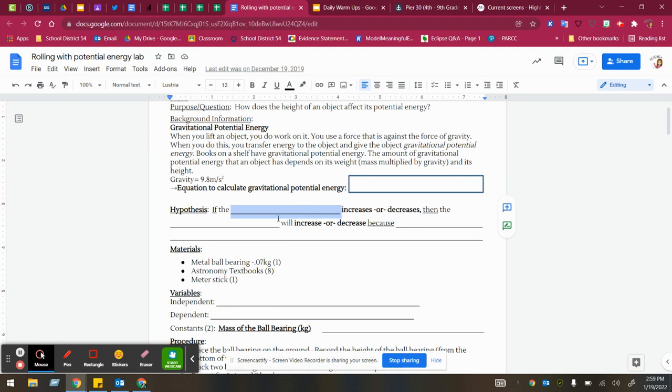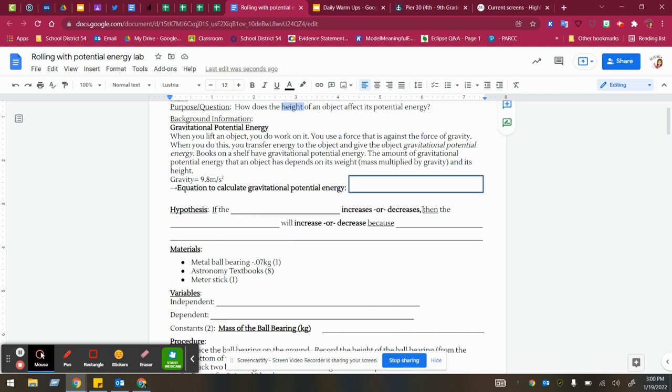Fill in the words for your independent variable. You need to select whether or not those are going to be increasing or decreasing. All I want you to do is circle increases or decreases.